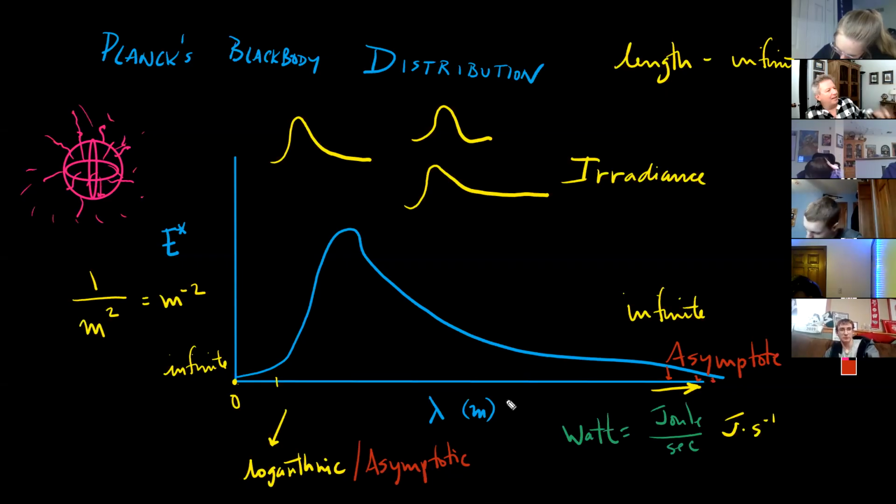But do you understand that this graph is logarithmic, meaning I have to do powers of 10, and it's asymptotic. It goes forever and it never comes into this. Do you agree that there is an area underneath this curve?